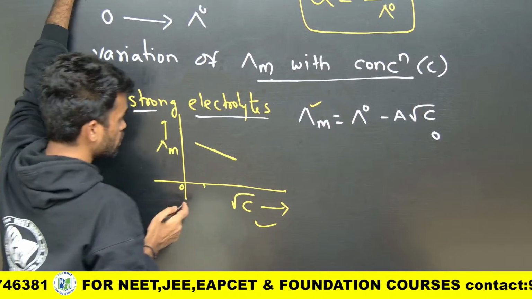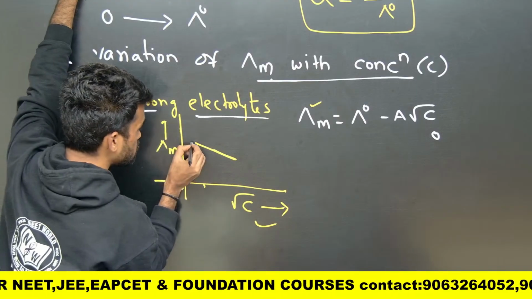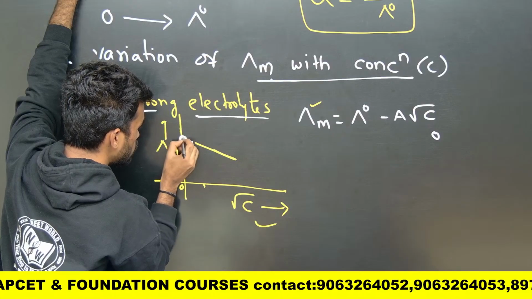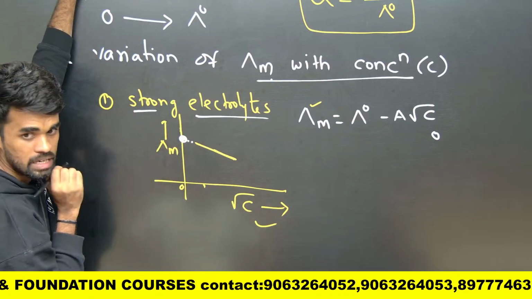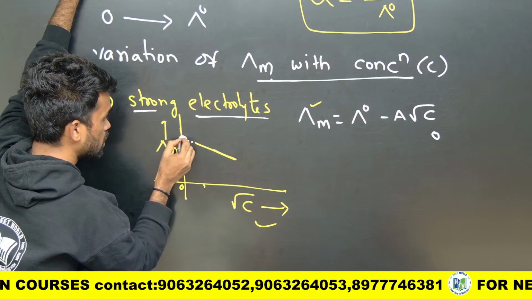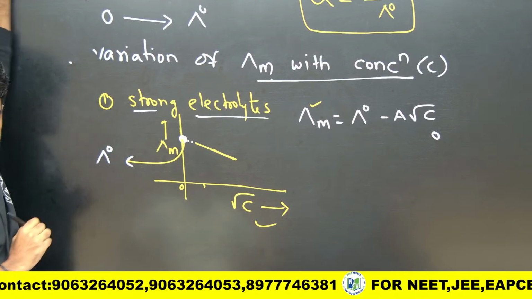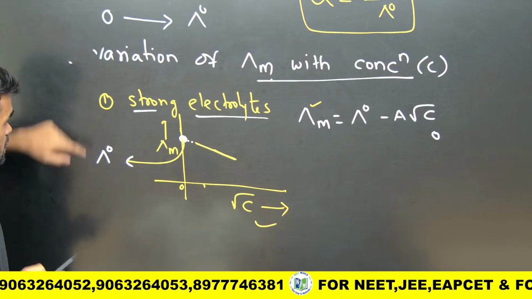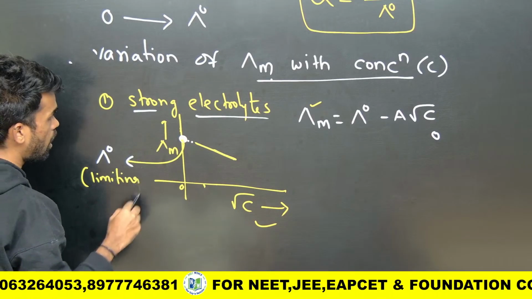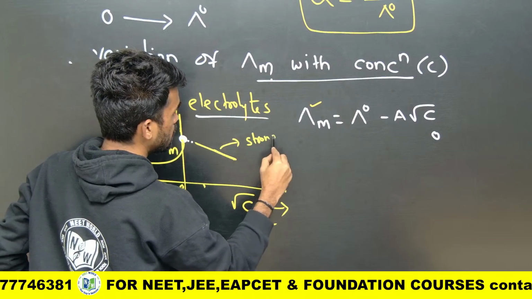Okay, so now I want this at 0 concentration. 0 concentration means by extrapolating this graph, so I got a value of this conductivity at a 0 concentration. So this point, whatever the value here we get, so this value we can call del m naught. So what is this del naught? This is the limiting molar conductivity of this strong electrolyte. This graph is for strong electrolyte.